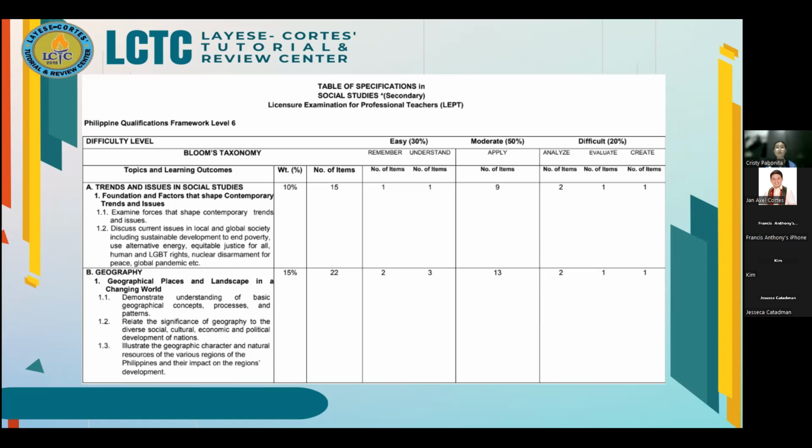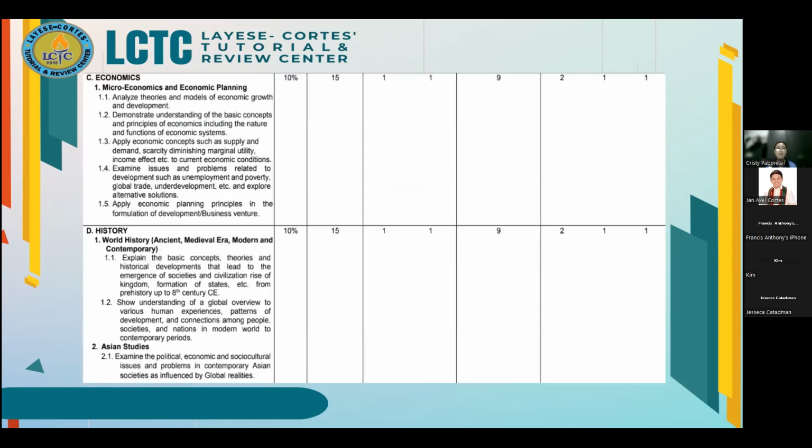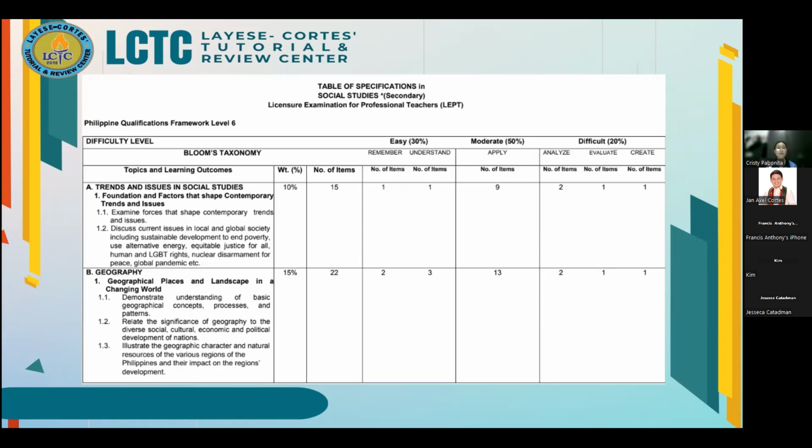So dapat more on news reading ka if talite ka og board exam, kay there are really things that will come out from the recent activities in our society, okay, or recent happenings and global society, including sustainable development and poverty, use of alternative energy, equitable justice for all, human and LGBT rights, nuclear disarmament for peace, global pandemic, etc. So those are the criteria, or those are the specification under trends and issues in social studies.